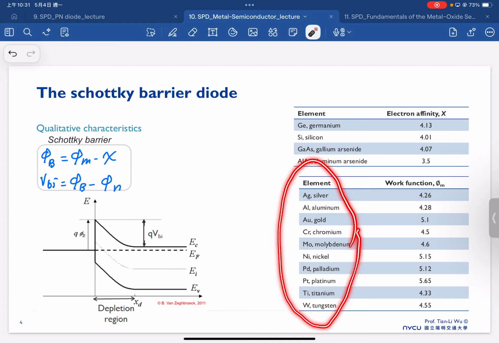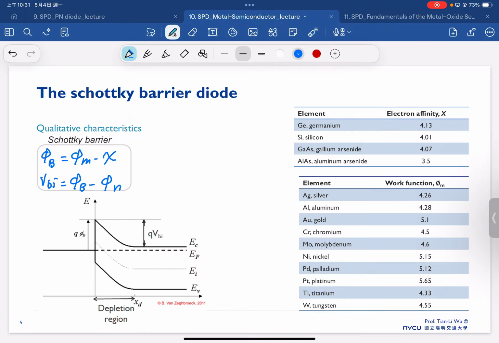So these all will influence our Schottky barrier height here. For sure, the most important is silicon, and then the very often used metals: aluminum, gold, nickel, platinum, and titanium. These are all the metals that we often use for the semiconductor.